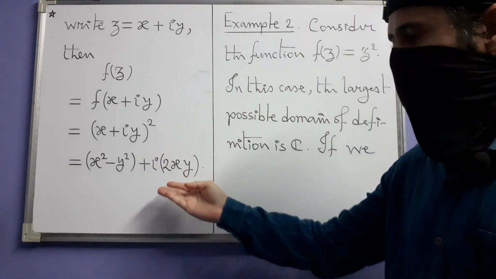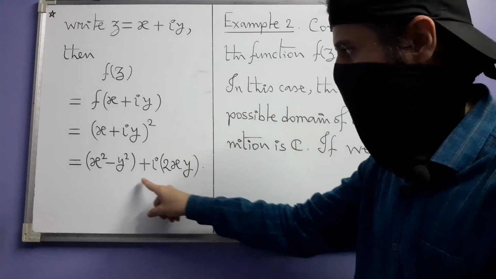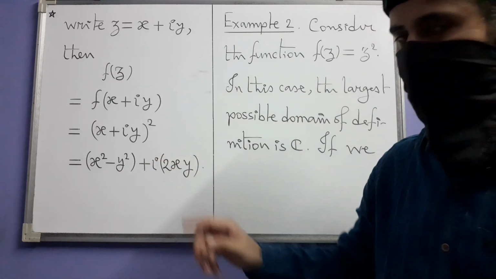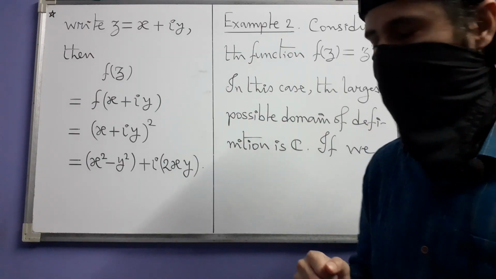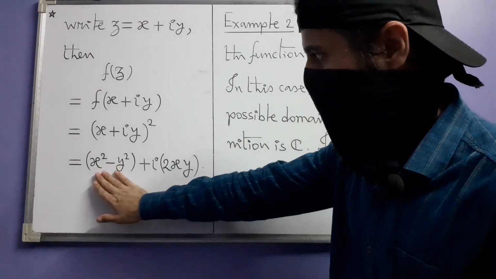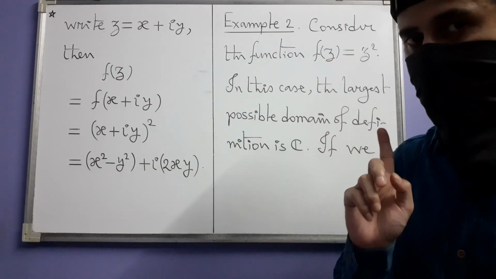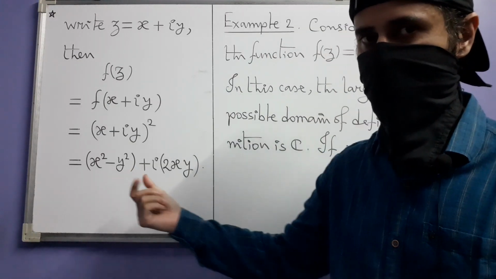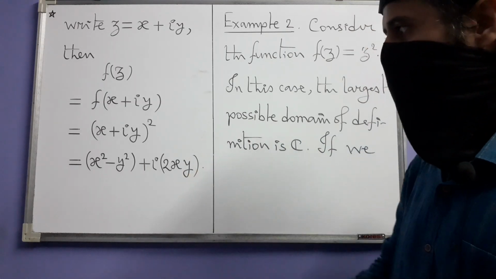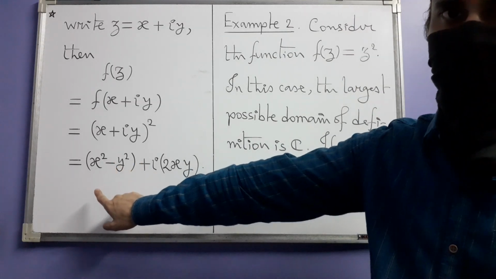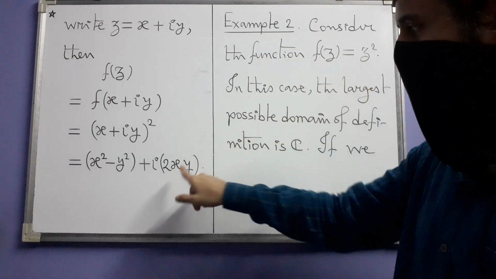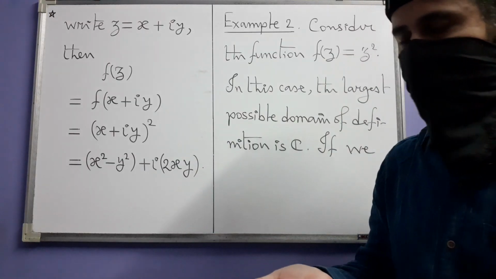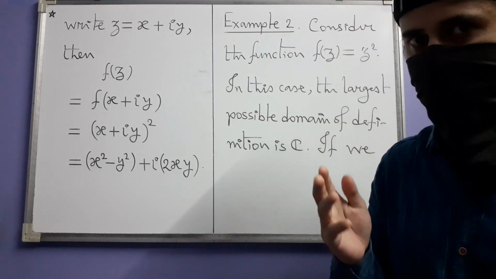If you go through the calculation, which is a simple thing, after expanding this square and expressing the result in the standard form, you find that u of x comma y in this case is x squared minus y squared, whereas v of x comma y is 2xy. This is the real part of the square function and this is the imaginary part of the square function, and both of them are real valued functions of two real variables x and y.